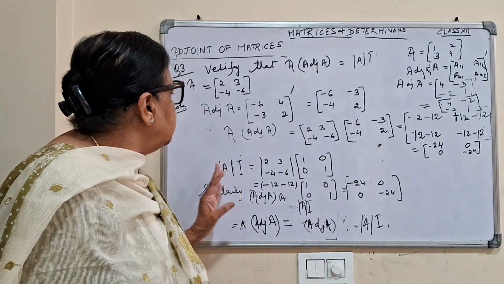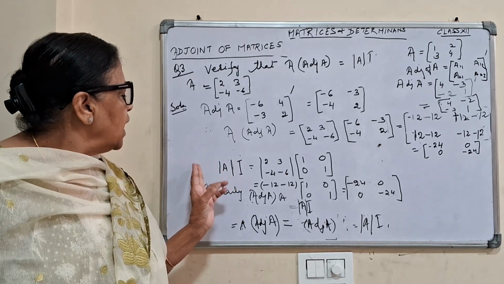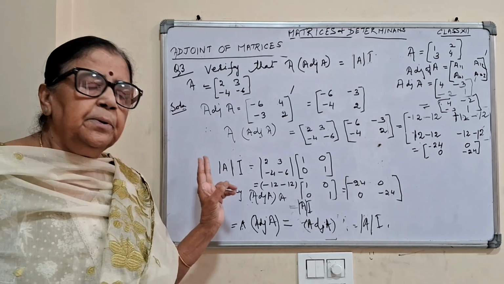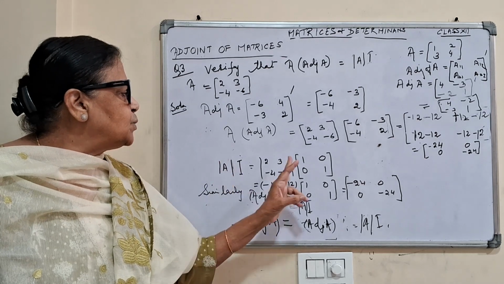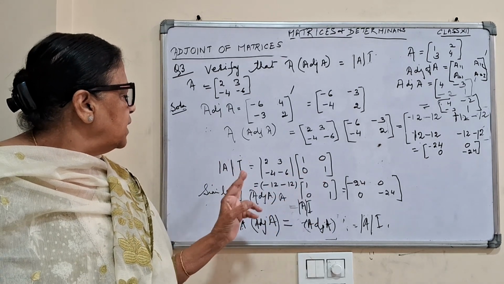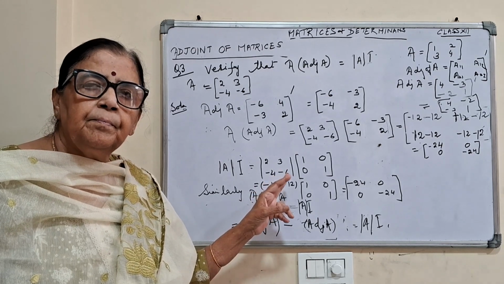So I got this. Now I have to find out determinant A into I, which is 1001. Determinant of A is 2, 3, minus 4, minus 6.